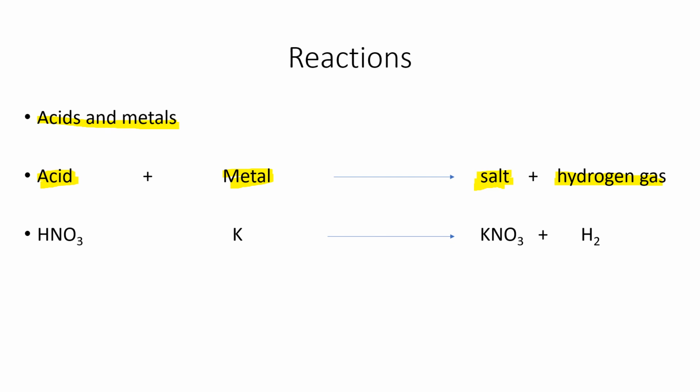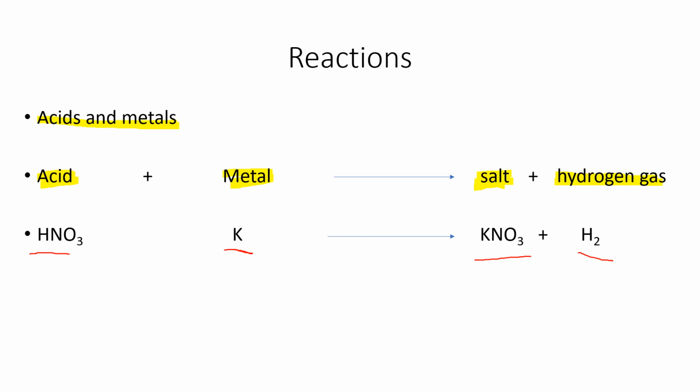If we look at a specific example of this, we could look at something like HNO3, nitric acid. That would be our acid reacting with a metal. Here we pick potassium. What will we always make? Well, we'll always make hydrogen gas. Hydrogen gas is H2, and then you're always going to make a salt.